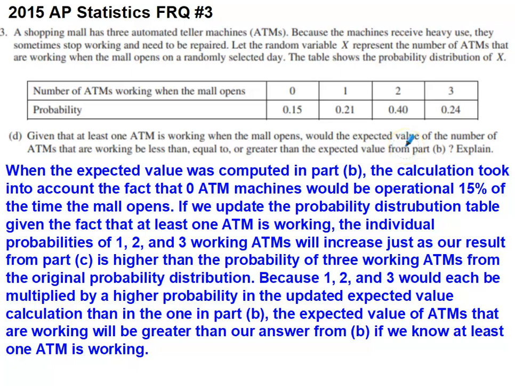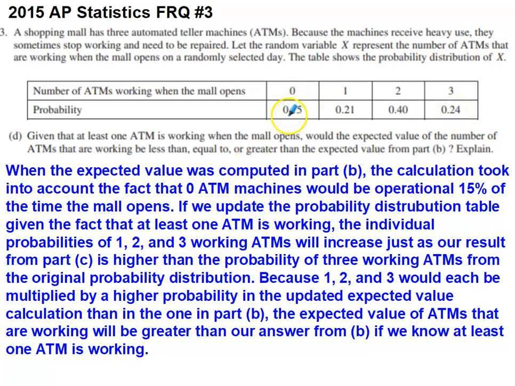Now, here's what occurred to me when I read this. I just did part C and I got an answer of 0.283 for the probability that 3 ATMs are working given that at least one is operational. That increases from a probability of 0.24 that we had in the original table.